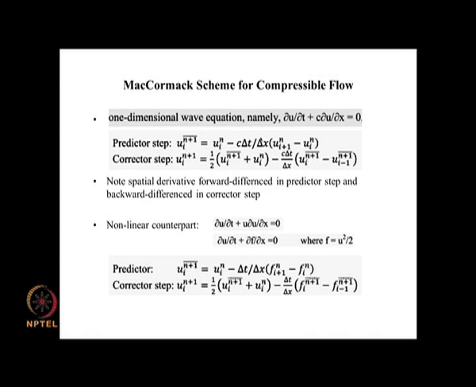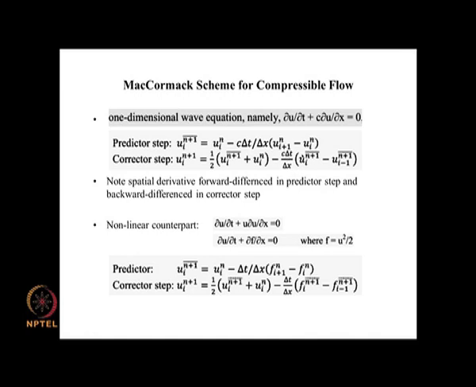Okay. If you look at this and this, the difference is that these are the old step values and these are the provisional step values, the predictor step values, and here forward differencing is used and here we have used backward differencing. Taken together, we will get a central scheme in the case where you have no nonlinearity.